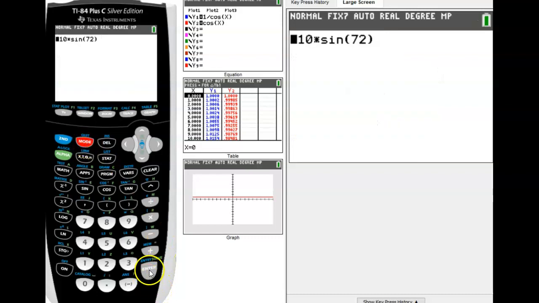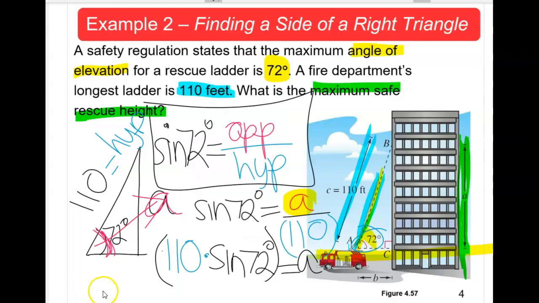And now I'm going to press enter. And so the number that I get is 104.6162. So let's see how we are expected to round when we give our answer. As you can see, we're not being told how to round.